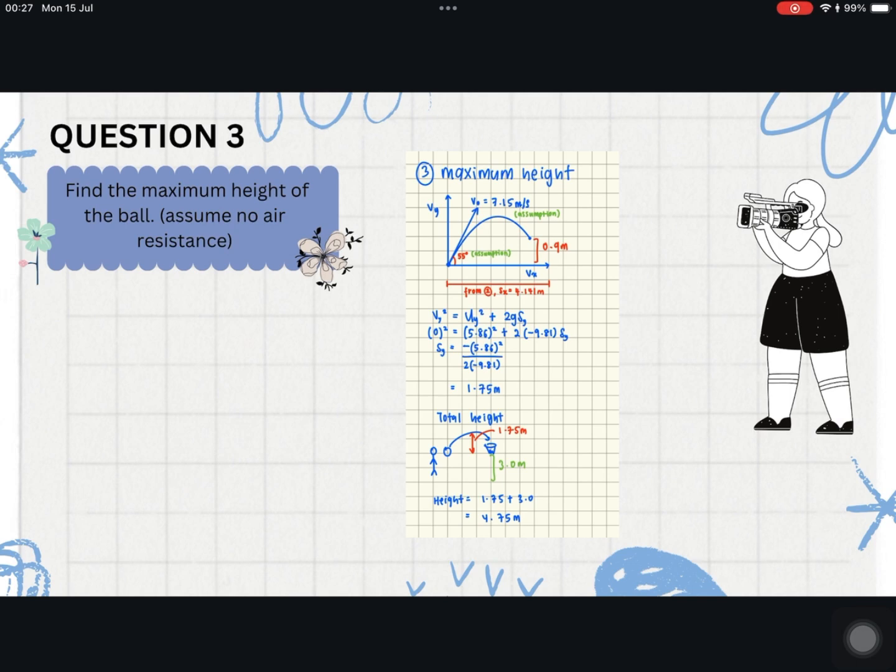So we sub in all the values in the formula and we find the max height of the ball is 1.75 meters from the start point of the ball. But this question needs us to find the max height of the ball from the ground. So we add up the height of the person and we get the max height of the ball from the ground, which is 4.75 meter.